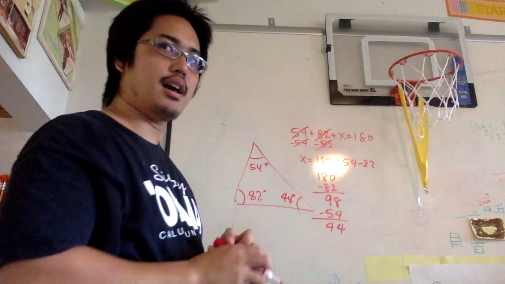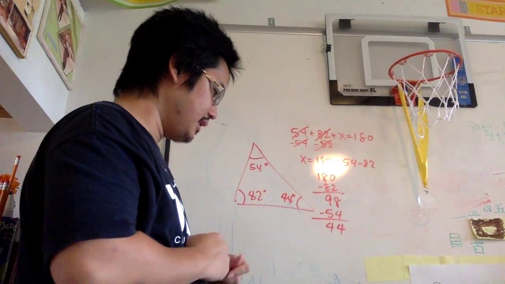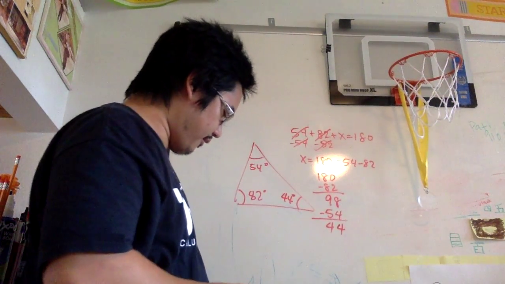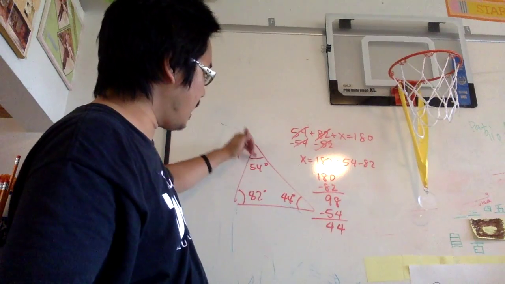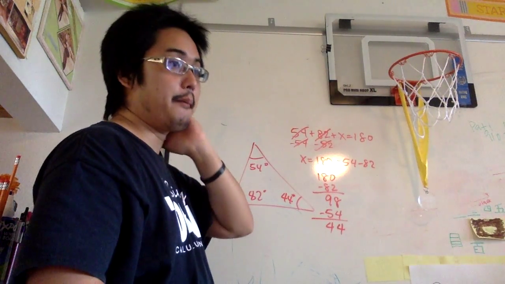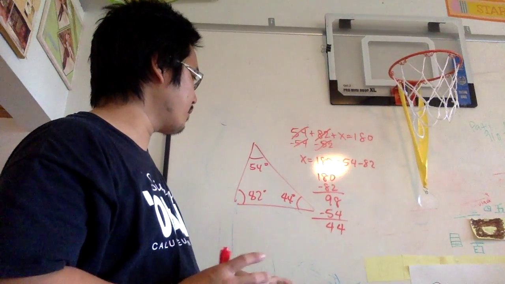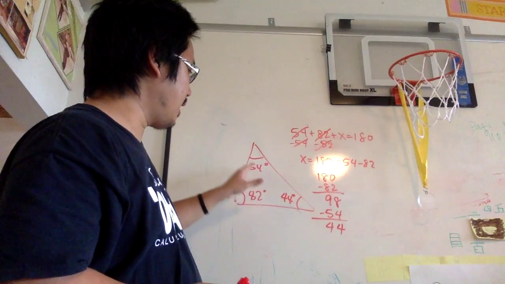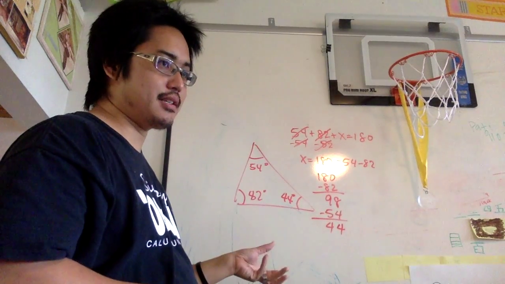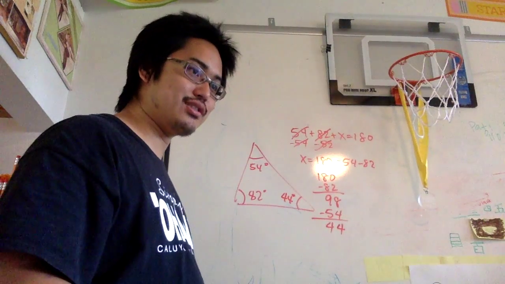So, a lot of times, you know for a fact that if you add up all the angles inside of a triangle, it's equal to 180 degrees. But sometimes when I'm giving you problems, I won't just ask you that fact. Add up all the angles, what is that equal to? Obviously, that's 180 degrees.